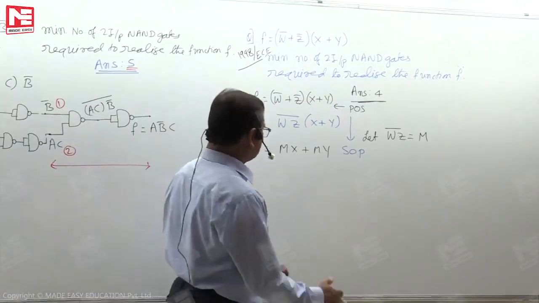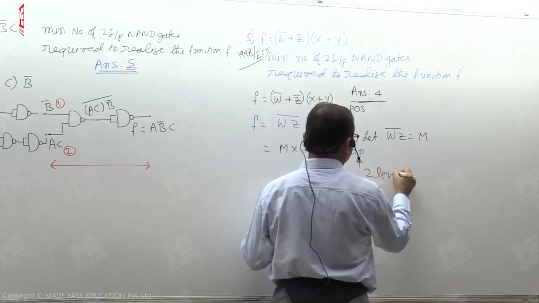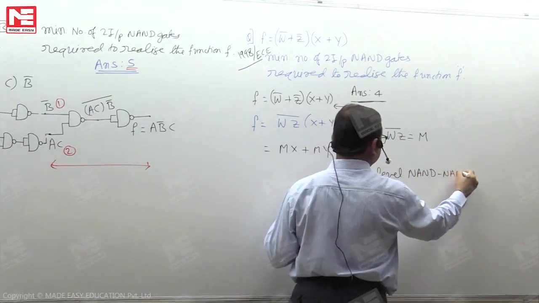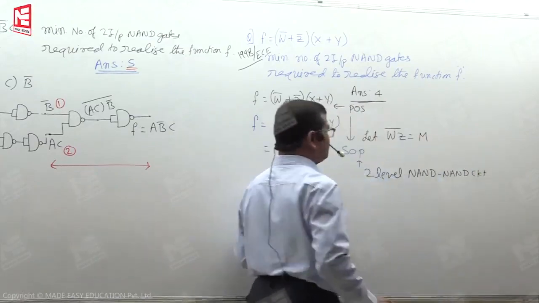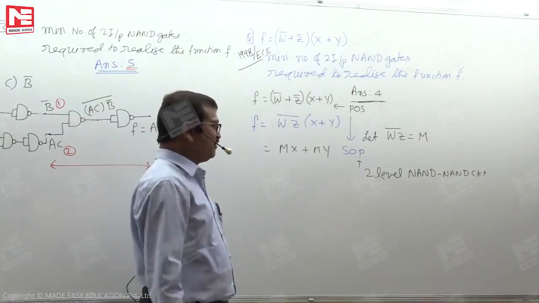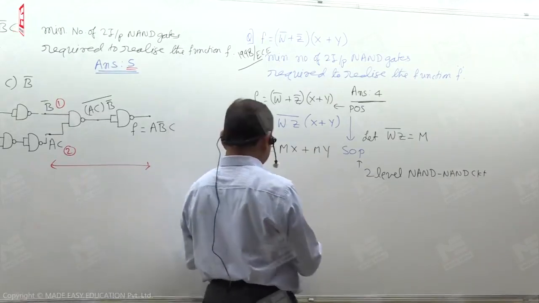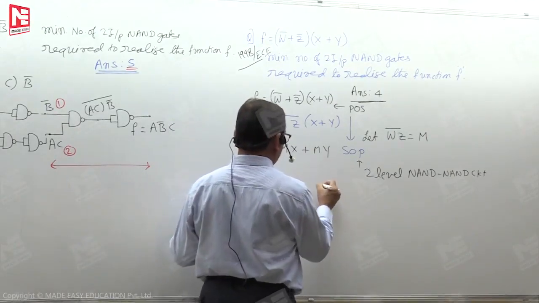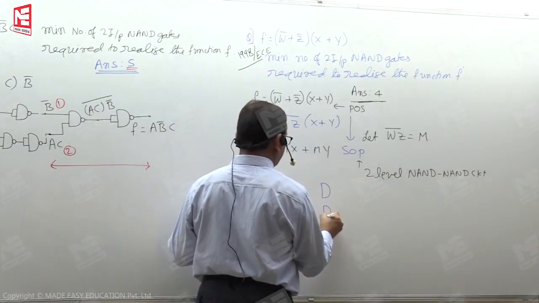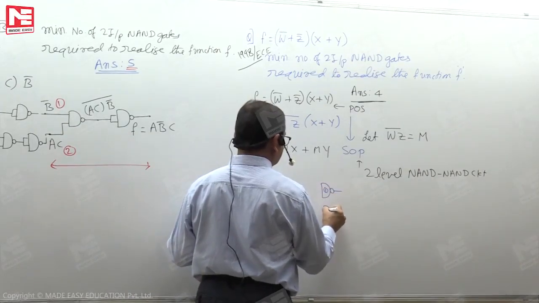This SOP expression we have the possibility to implement with a two-level NAND circuit. I will explain what this two-level NAND means. It is a standard circuit. If you look here now, this is gate 1, this is gate 2.